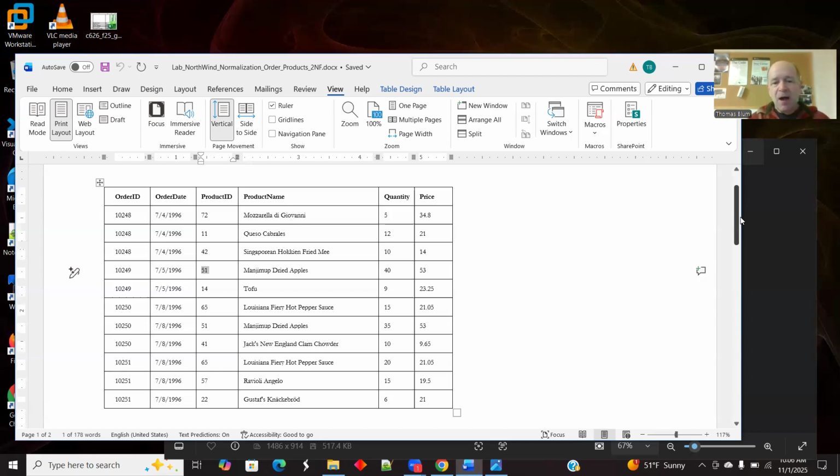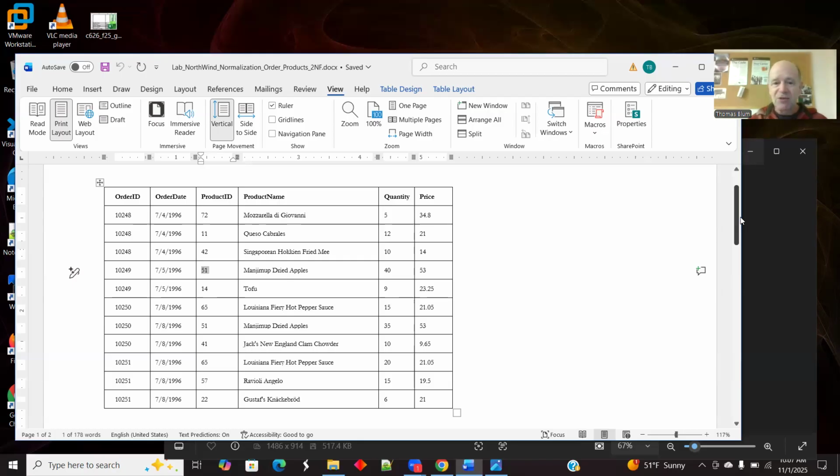In Northwind, they will put price with the product. Sometimes I see price with the product, and maybe you put it in the bridge table, the order line table, to say that maybe that item was on sale when the person bought it, or possibly there's been some inflation and the price has gone up, but you want to stick to the price when they ordered it.